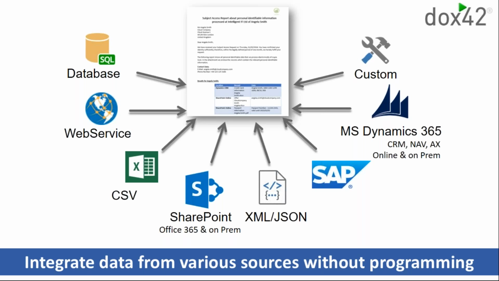But as you saw, you might need to put in some other data, like the recipients, which you might have stored in SharePoint or somewhere else. So you are able to put in data without programming from your SharePoint, from web services, from your database, from your SAP, Microsoft Dynamics, and other custom data sources if you're using more systems.